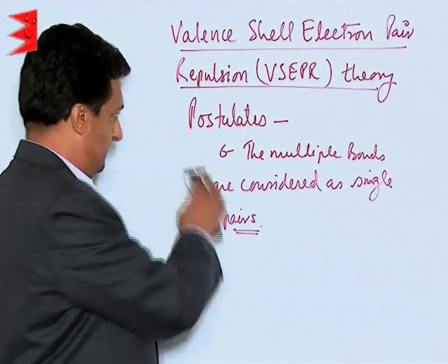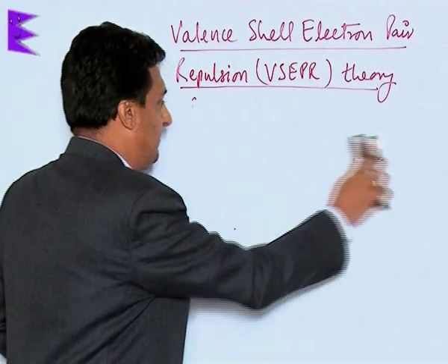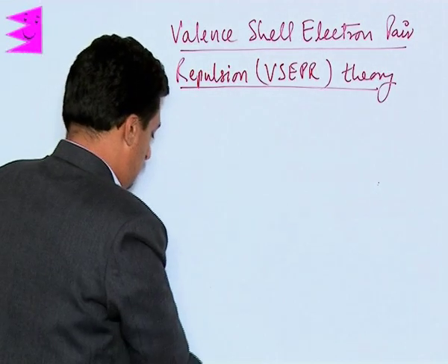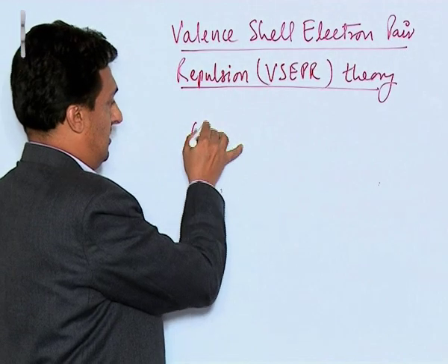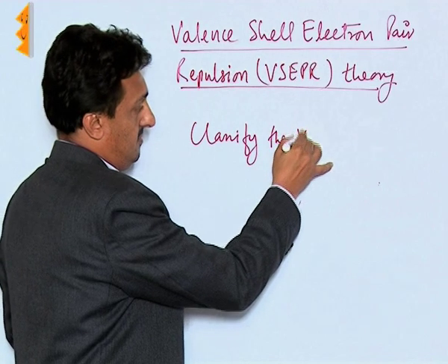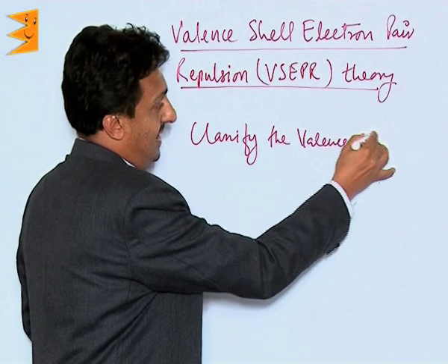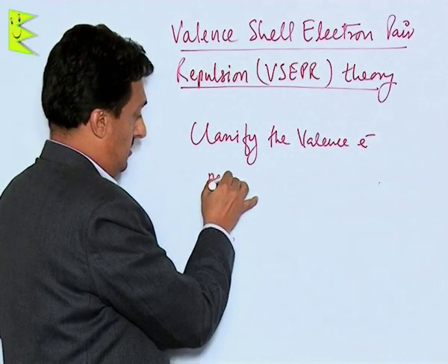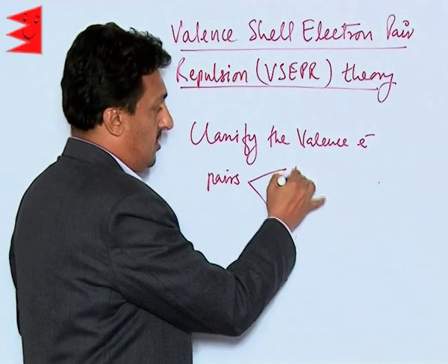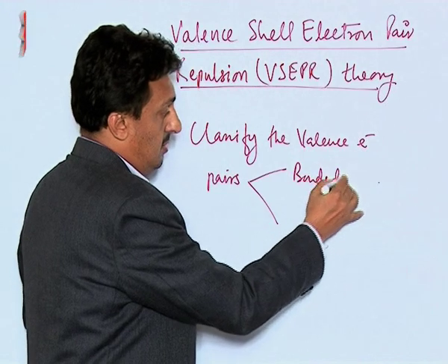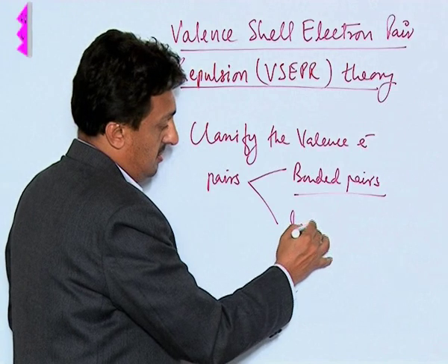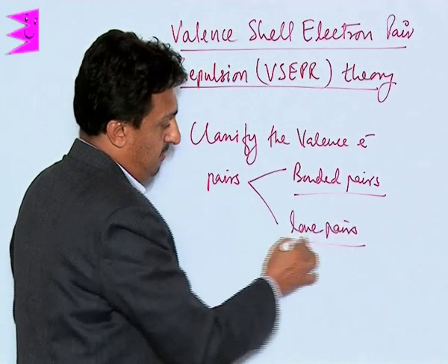Now the basic of this theory is, we classify the valence electron pairs into two categories. The one are called bonded pairs and another are called lone pairs.